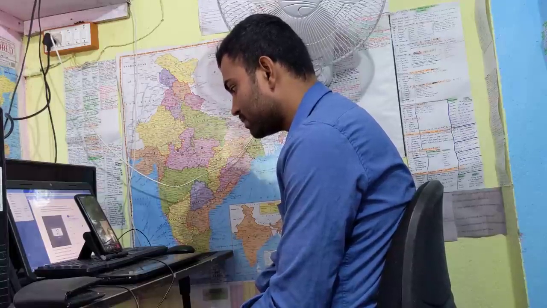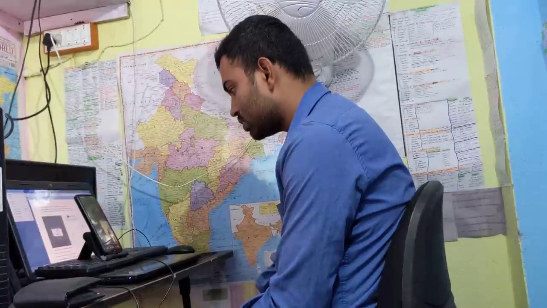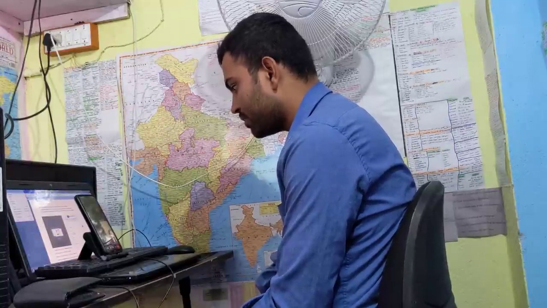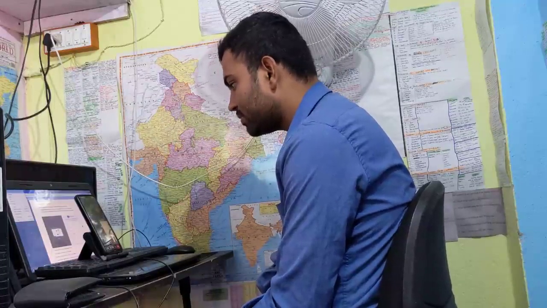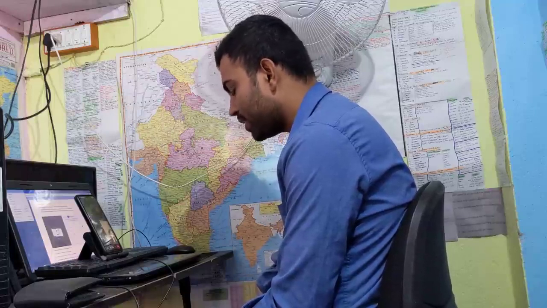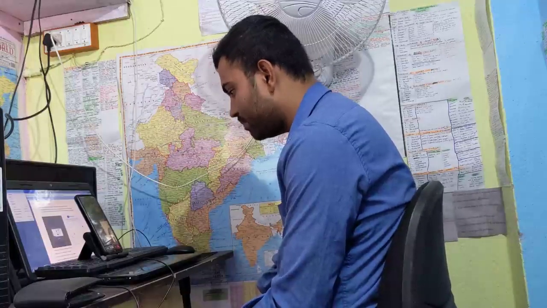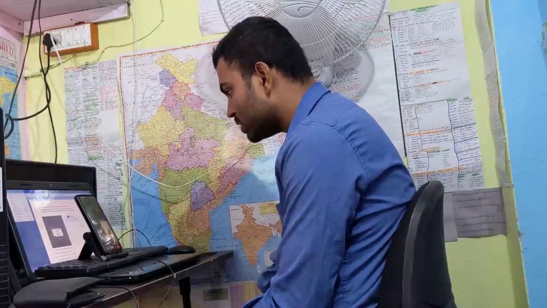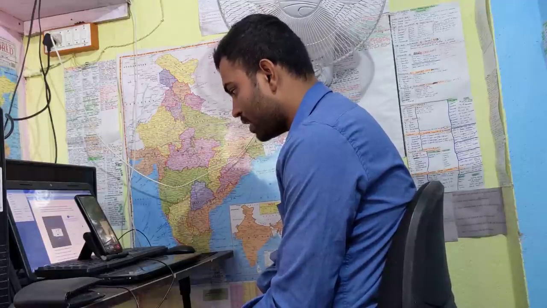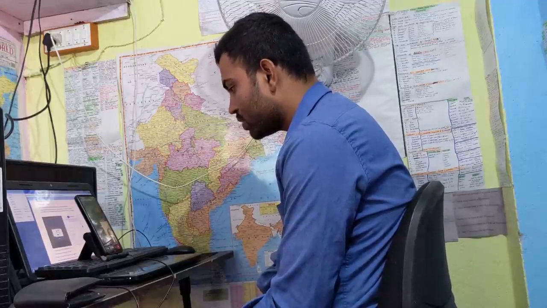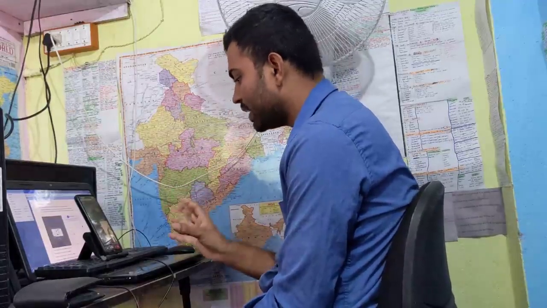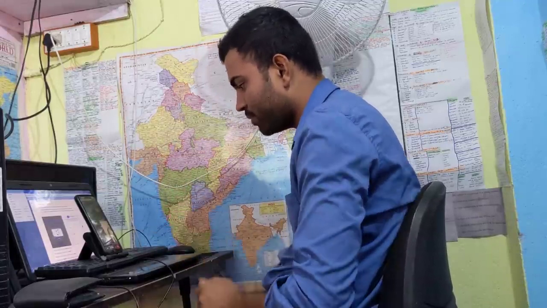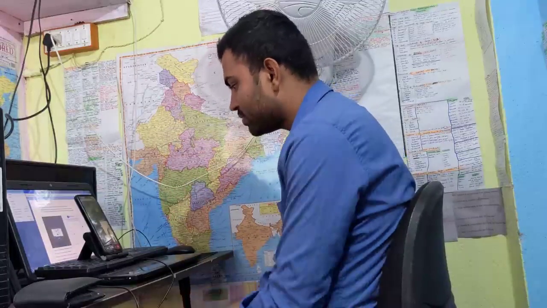So what is a data frame in pandas? Data frame is like a frame which we use in NumPy. We frame the same type of data in the same frame, and different type of data in a different frame, ma'am.